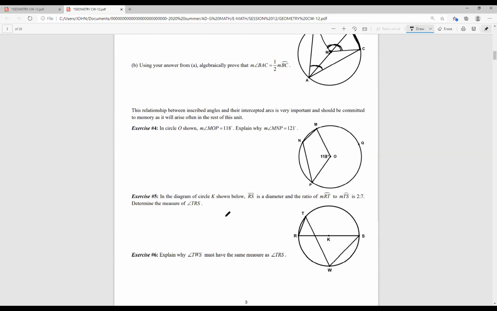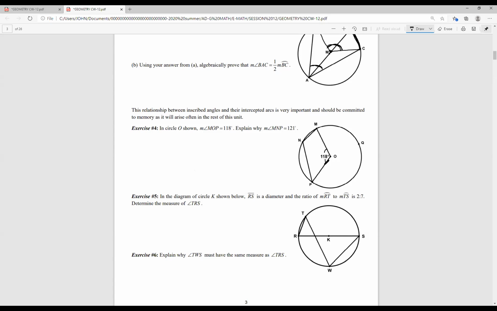Now we're going to have some practice, exercise 4. Take a look at exercise 4. How do we use the inscribed angle and center angle? Measure of angle MOP is 118 degrees. Find the measure of angle MNP.